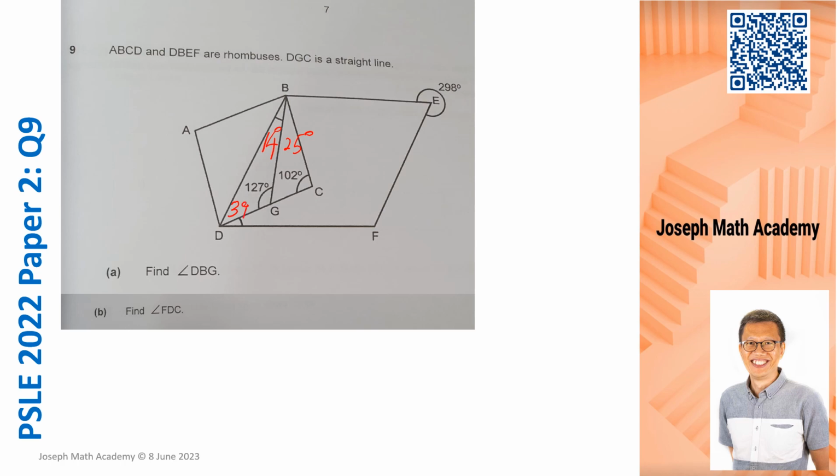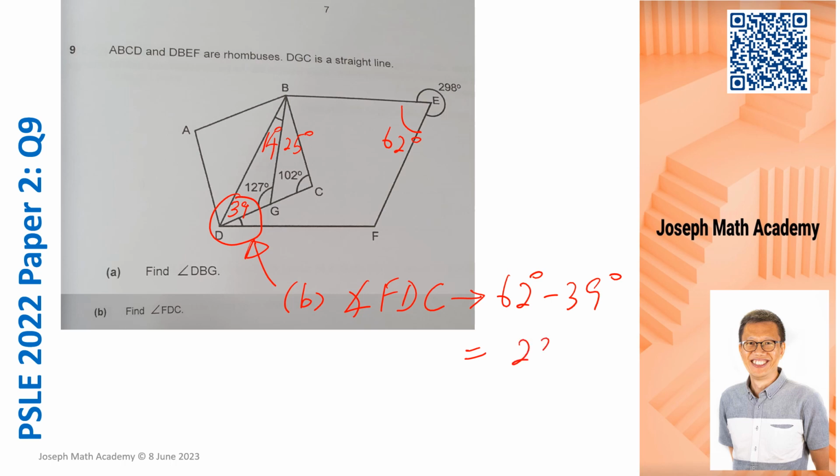We also found this is 62. So we can actually find part B. Angle FDC should be 62 degrees minus 39 degrees. 62 minus 39 simply gives us 23. So part B is found.